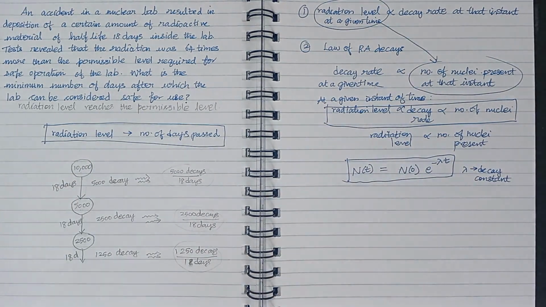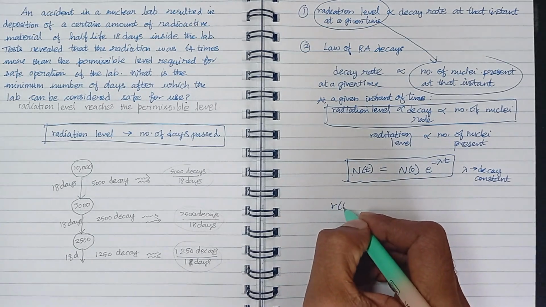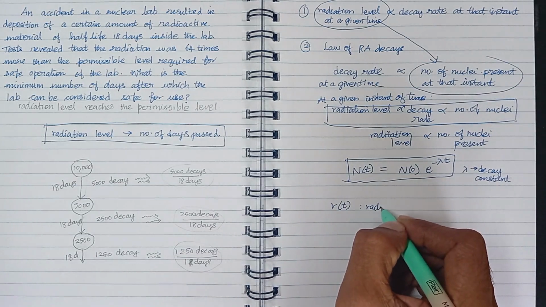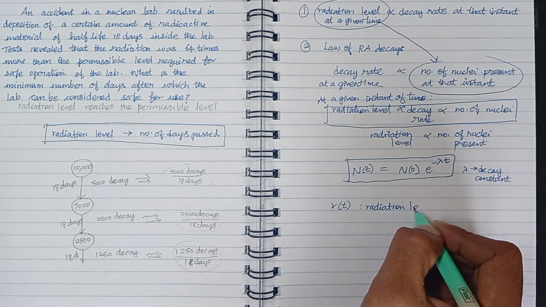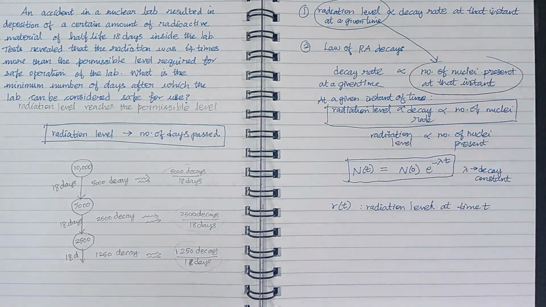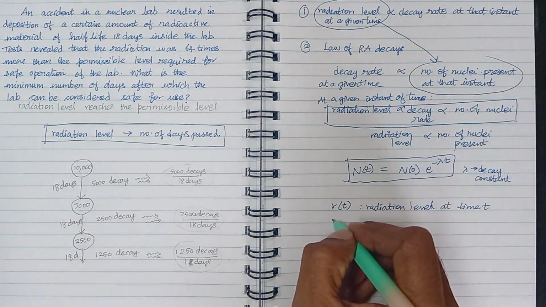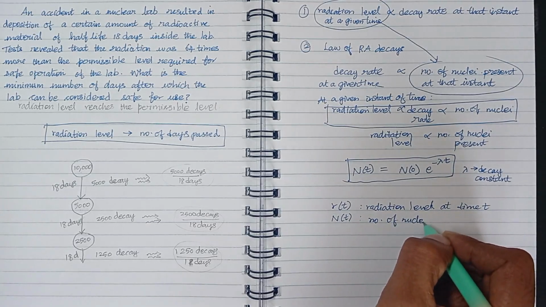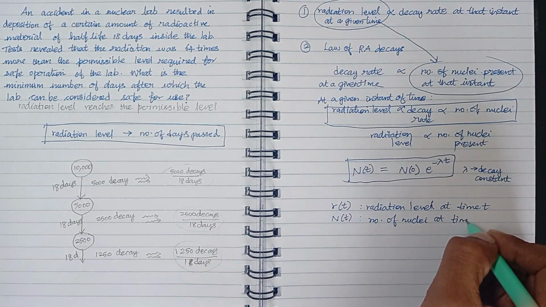Now with this understanding, let us write the mathematical statement for this problem. Let r of t be the function which gives the radiation level at time t, and n of t the number of nuclei at time t.